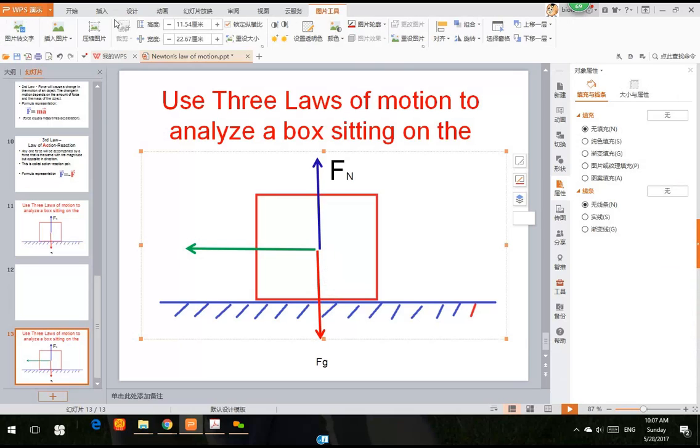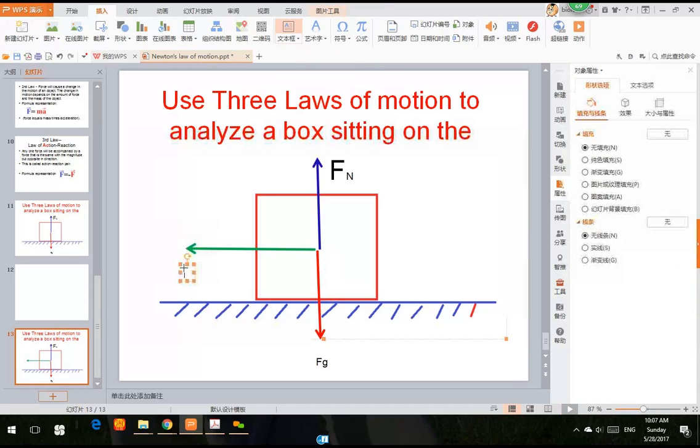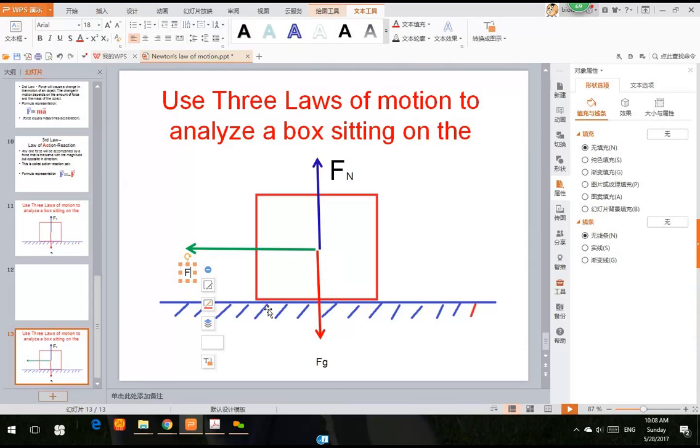Okay, you're pushing it to the left. And in case I'll say your push is not enough, and it is still not moving. So how could this happen? How could it be that you push and it is not moving? Why? Because of what?